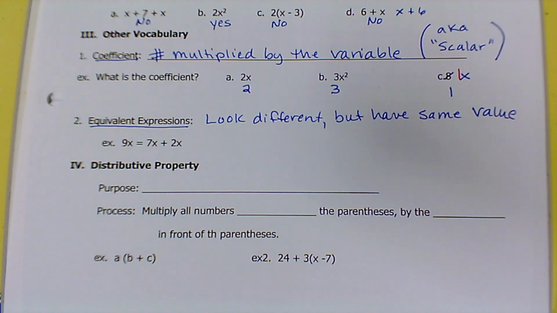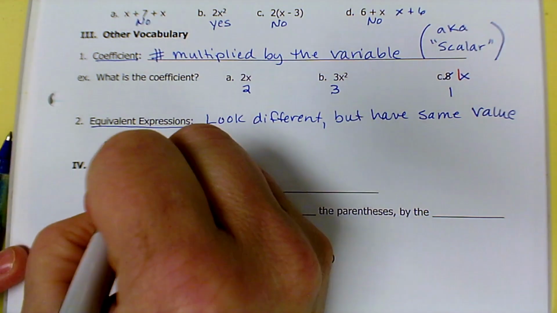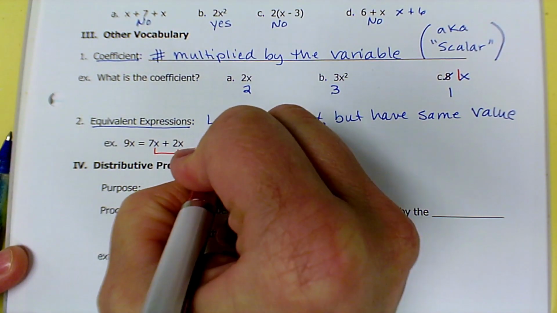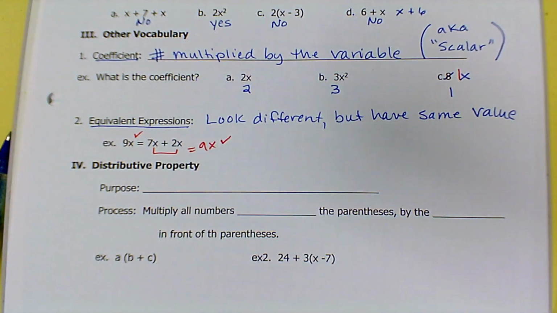Quarters and dimes are different, but 4 quarters is $1, 10 dimes is $1. So those are equivalent amounts. So in this example, you have a 9x on the left, and on the right, you have a 7x plus a 2x. Well, you can add a 7x to a 2x, and that gives you a 9x. So actually, it's 9x on both sides, which means the left and the right are equivalent expressions. They look different, but equal the same thing.